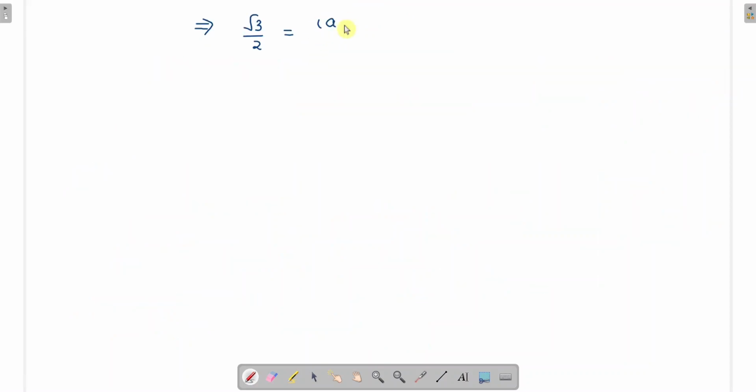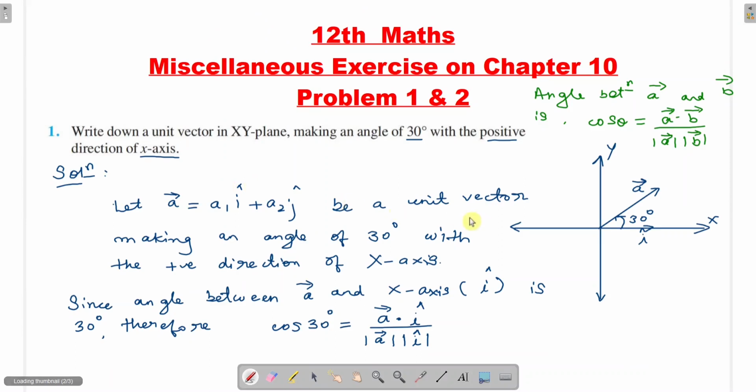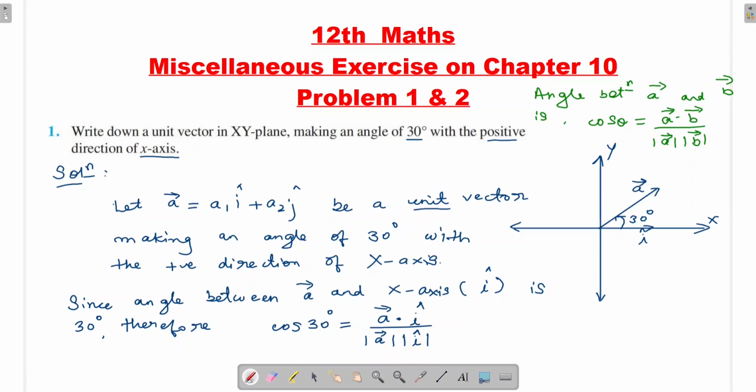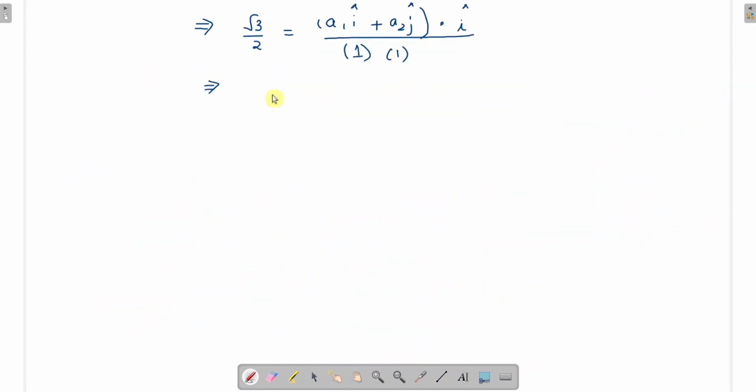a bar is a1 i cap plus a2 j cap, and then we have dot product i cap, divided by the magnitude of a bar, which is 1 since a bar is a unit vector, and the magnitude of i cap is also 1. So we get root 3 by 2 equal to a1 times the coefficient of i cap, that is 1, plus a2 times 0, since the second vector has no j cap term, divided by 1.